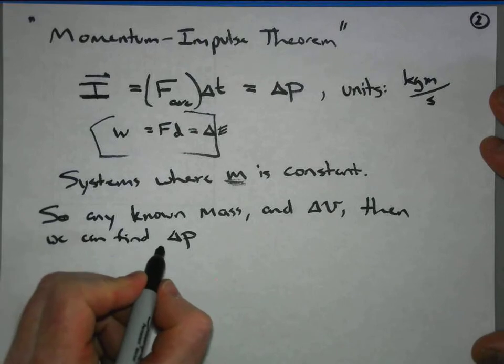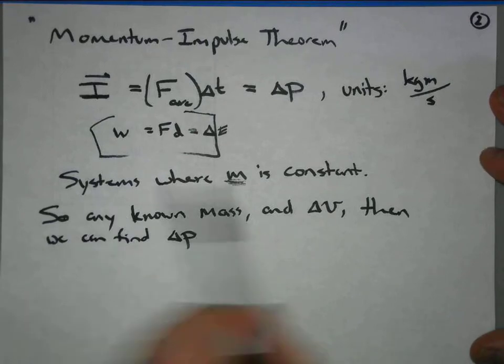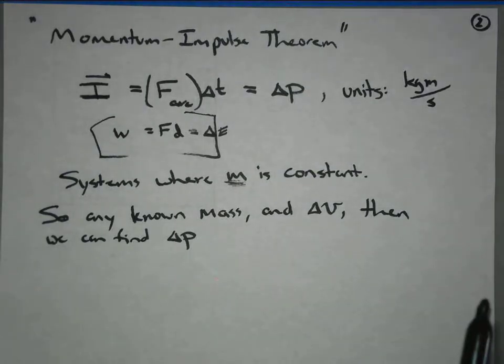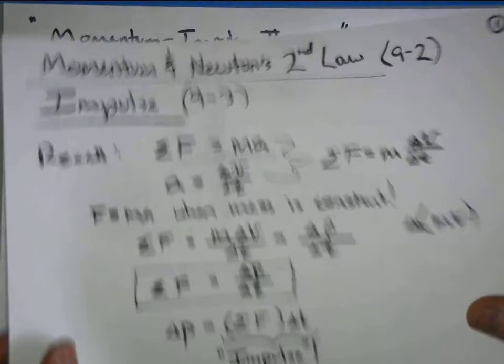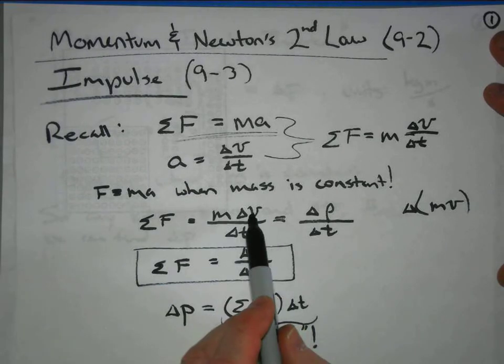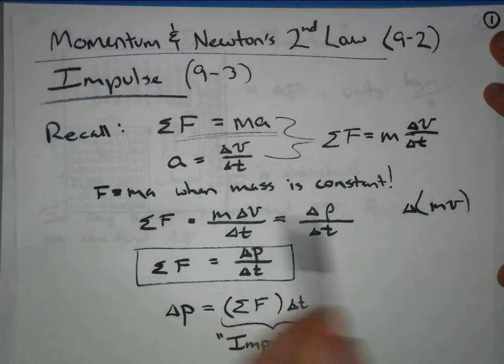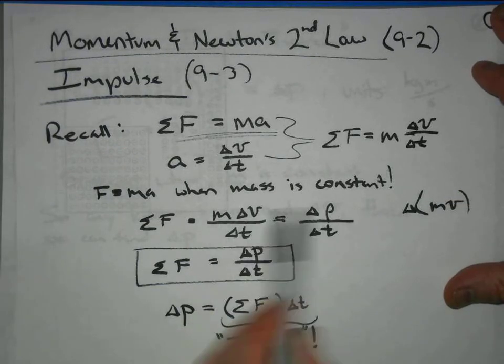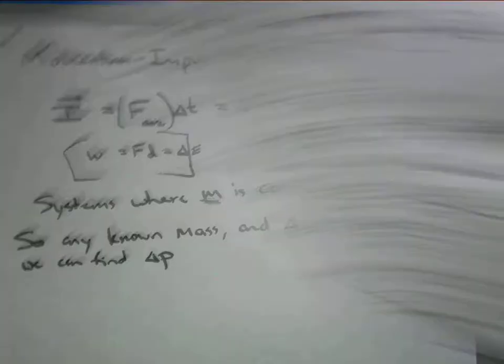And that's pretty straightforward. Any known mass and its corresponding change in velocity will be equivalent to a change in momentum, right? I'm just looking at the numerators in these two fractions, that relationship.